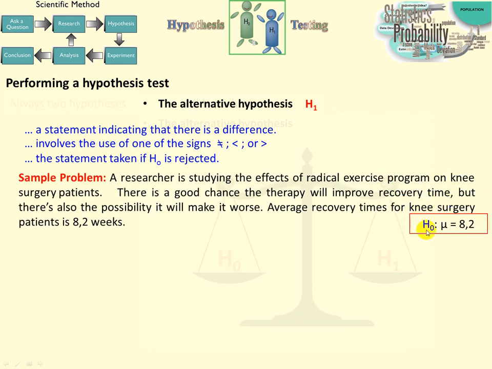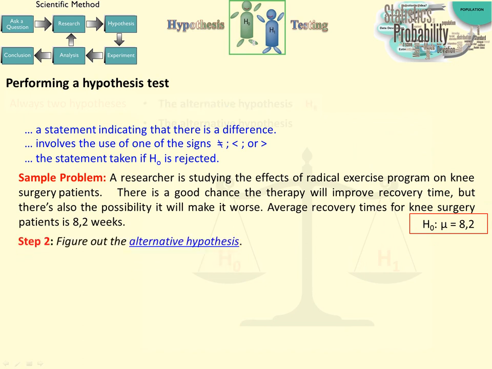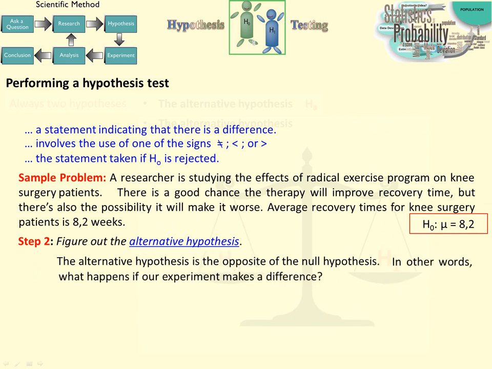We already have the null hypothesis there. Now we need to figure out the alternative hypothesis, which quite simply is the opposite of the null hypothesis. Not always necessarily, it could be in one direction only. In other words, what happens if our experiment makes a difference? Well, there we are: H1, mu not equal to 8.2.